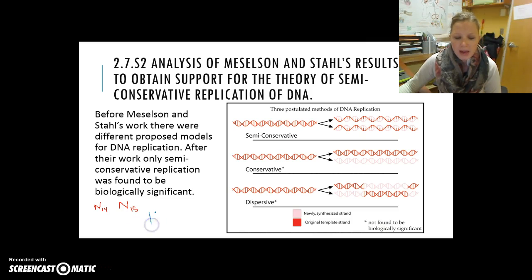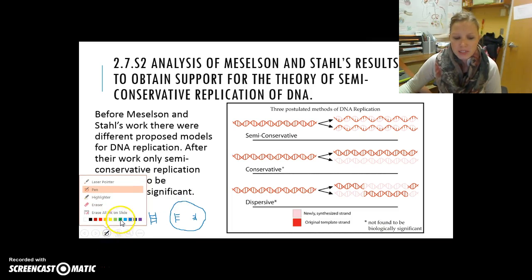Okay, so we have this DNA that was all one weight, right? And we put it in a base that is a different weight. And so what we ended up seeing is when that DNA went to replicate, so let's say our nitrogen 14 is our blue, the only nucleotides that it had floating around in this little petri dish were not for N14, but were for N15.